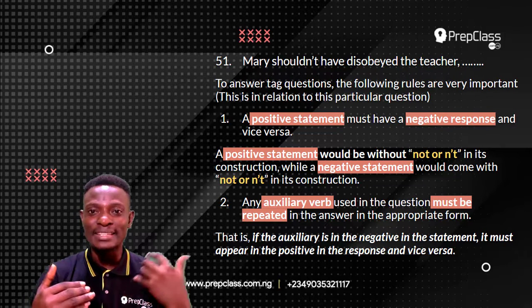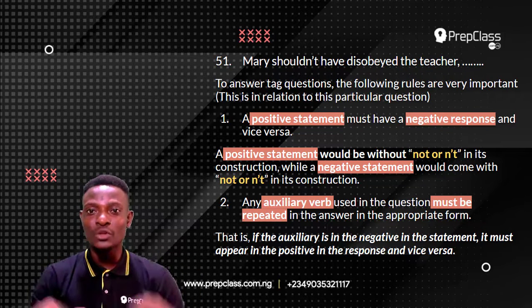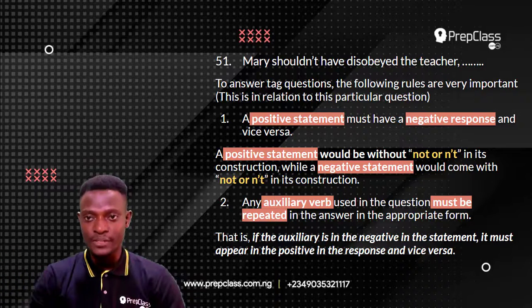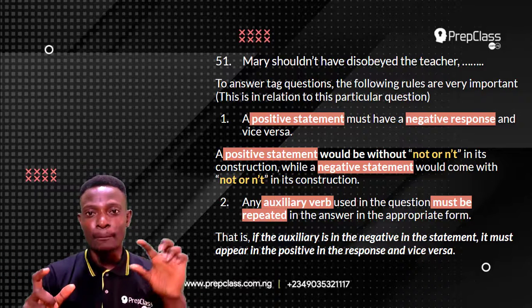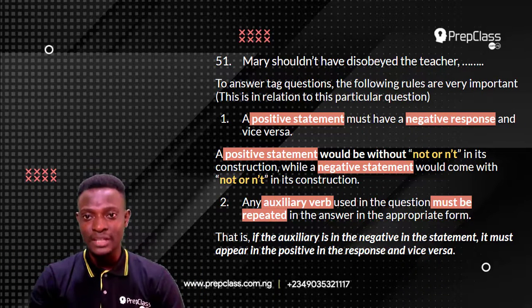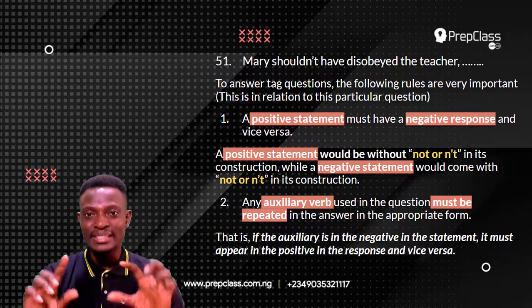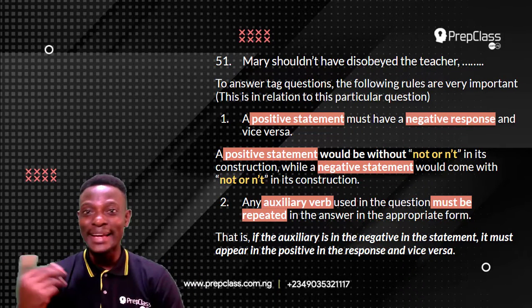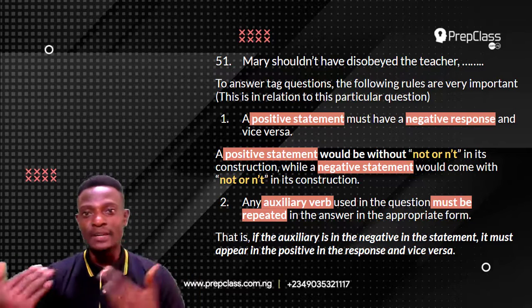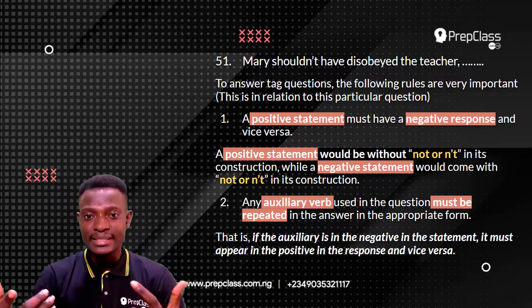If the auxiliary verb in the statement is negative, it must come in the positive in the response. How do we differentiate a positive auxiliary and a negative auxiliary? A positive auxiliary verb is an auxiliary verb without not or nt. A negative auxiliary verb is an auxiliary verb with not or nt.